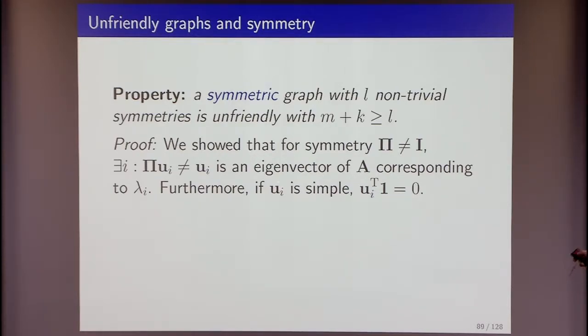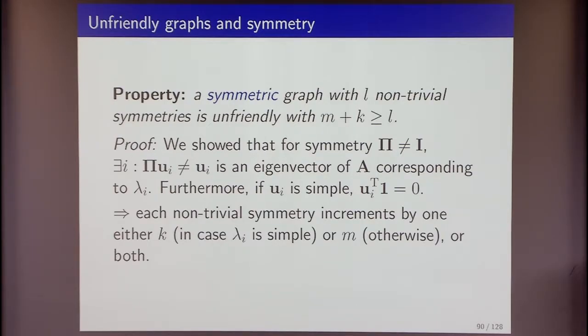And if ui belongs to a simple eigenspace, then of course we only had a difference by sign, plus or minus 1, and we showed that ui transpose 1 was 0. Okay? And this basically means that each non-trivial symmetry will increment by 1 either k, if my eigenspace is simple, or m, if the eigenspace is not simple, or it might even happen that both are incremented. Actually, I don't have a specific example, but at least in theory, nothing prevents this situation from happening. Yes, please.